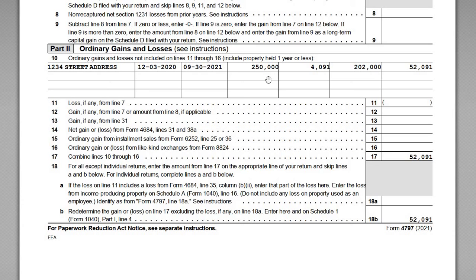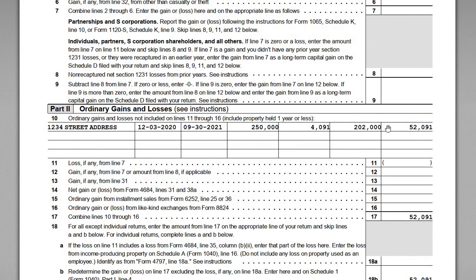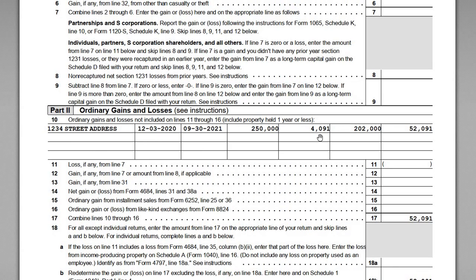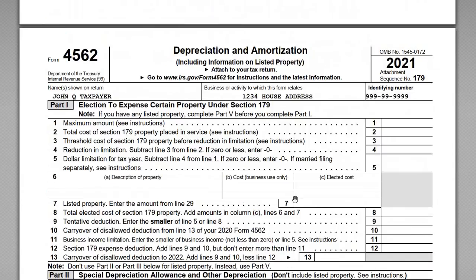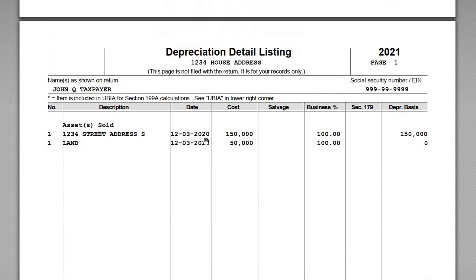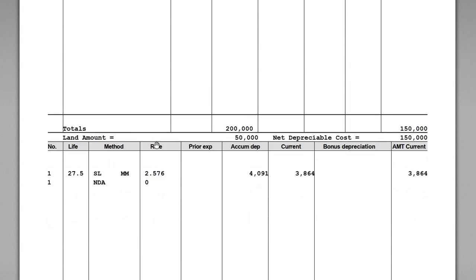The purchase date, the sale date, the gross sale price is $250. The cost basis plus expenses of sale, right? There's that $202,000, and then $4,091 is the amount of depreciation accumulated up until the date of sale. So that amount includes the piece that was from the prior year. So if we look at our depreciation schedule here, we placed the asset into service on December 3rd last year.